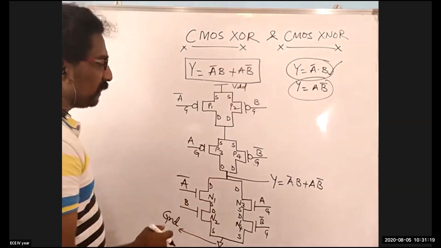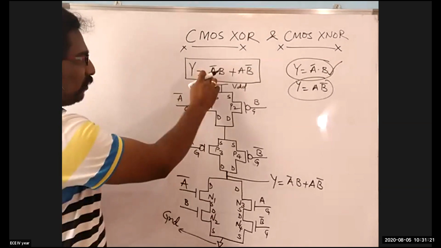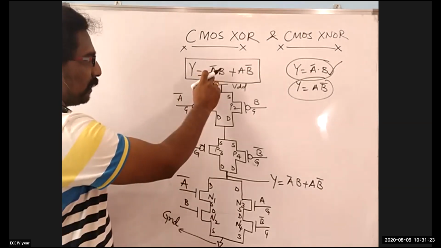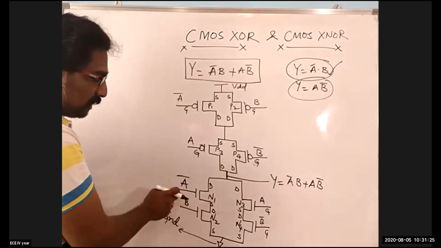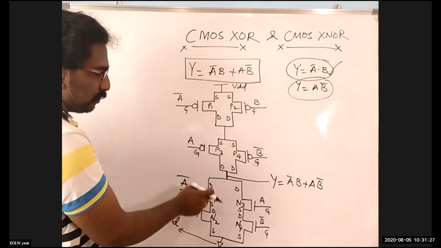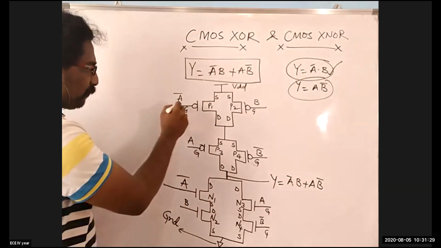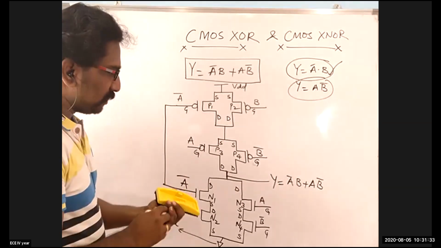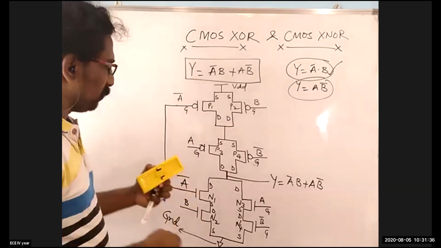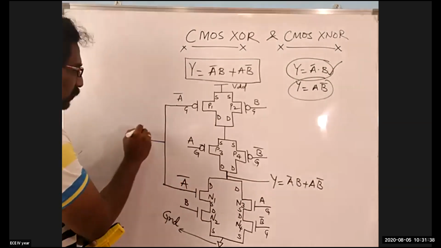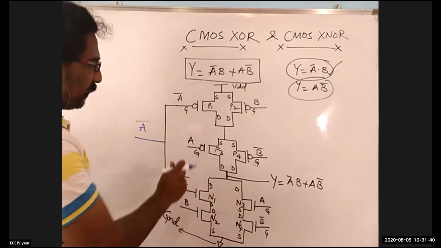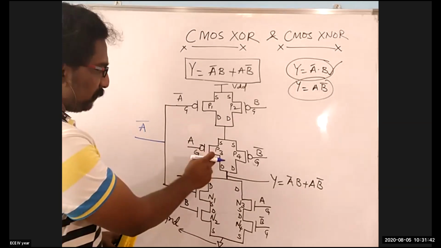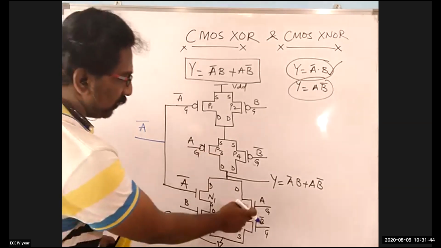And now let us make the input connections. A bar has to be connected to A bar of N1. P1 should be connected to N1. Okay, I'll make the connections with a few in black and a few in blue, so that it will be easy to understand. A bar. And in the same way, A of P3 should be connected to here.